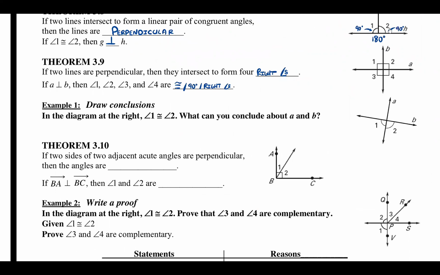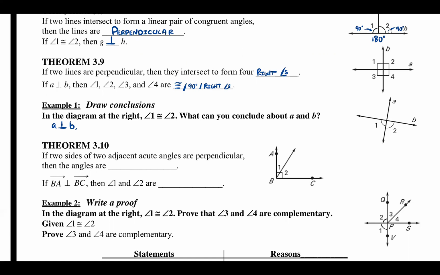Diagram at the right. What can we conclude about A and B and why? It says 1 is congruent to 2. What can we conclude? A is not congruent to B. A is what? Perpendicular to B. And then which one of our theorems?